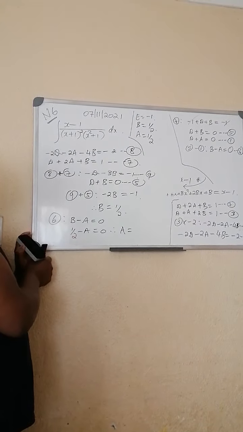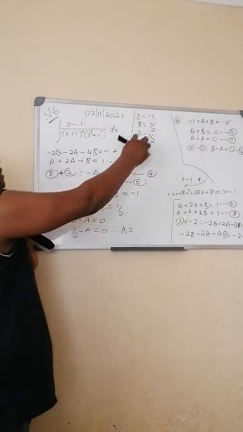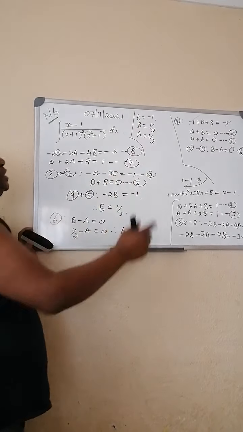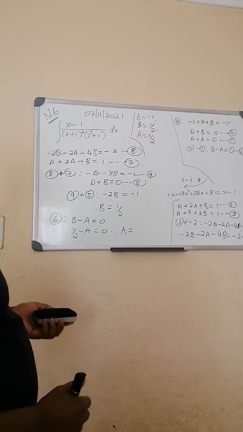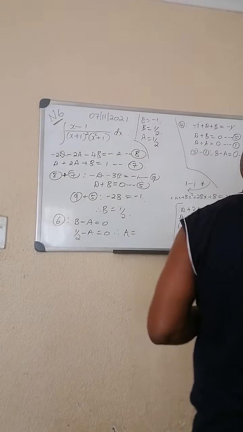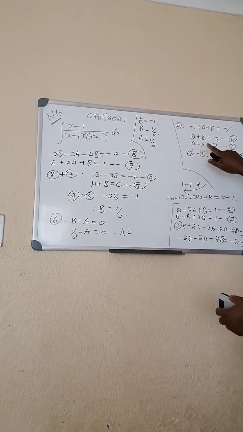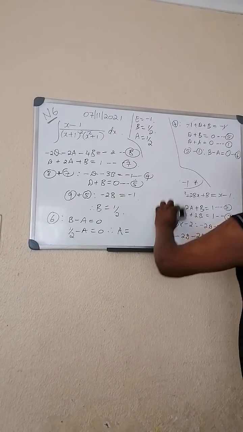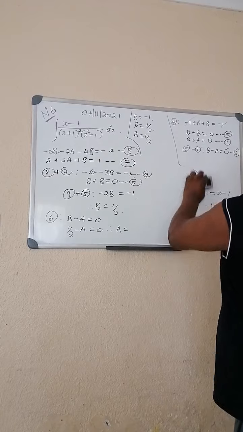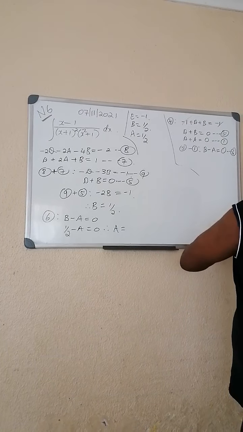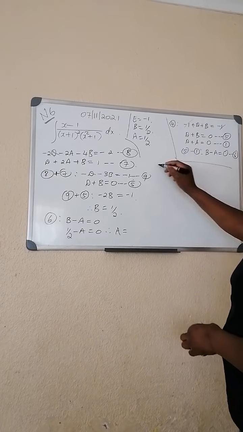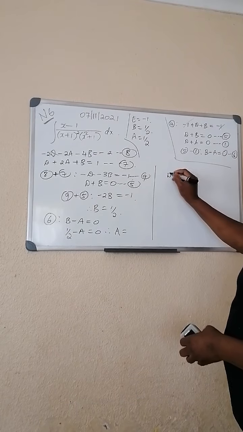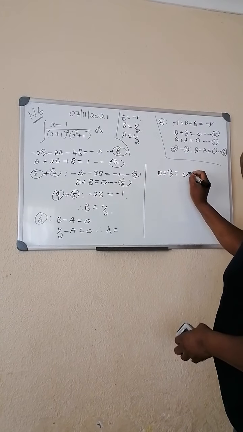So what do I need now? I've got E, D, A. I need D. Where can I get D? I can get D from equation 5. In equation 5, D plus B equals 0.